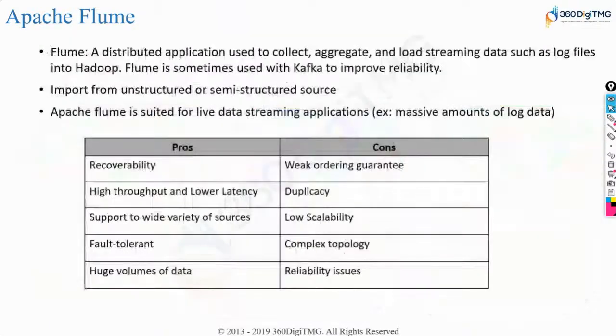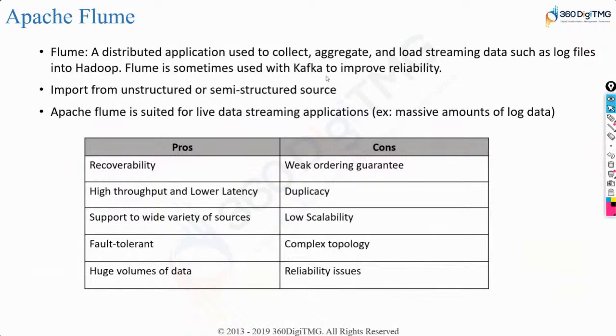Right. And when we talk about the advantages and disadvantages of Apache Flume, Flume is a distributed application. This is the definition. It's a distributed application to collect, aggregate, and load streaming data. And Kafka is used along with Flume generally to further improve the reliability of Flume.